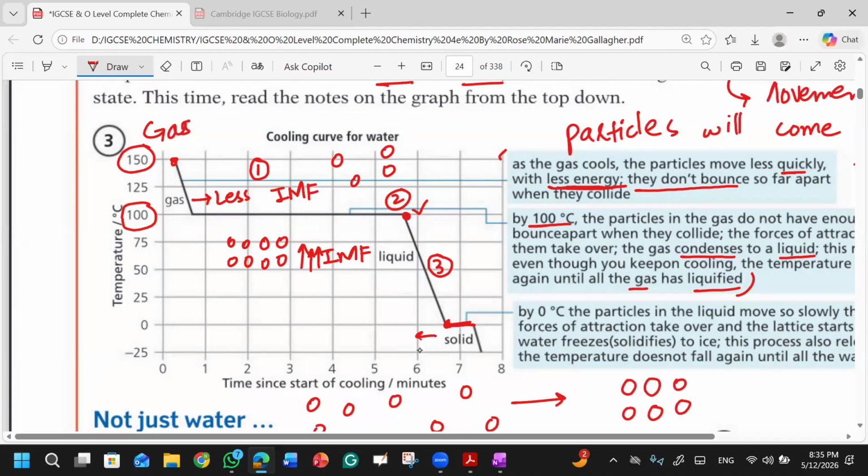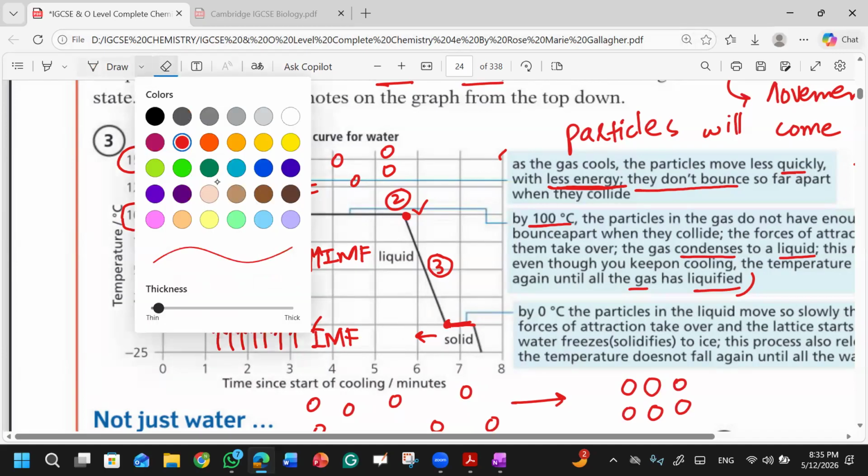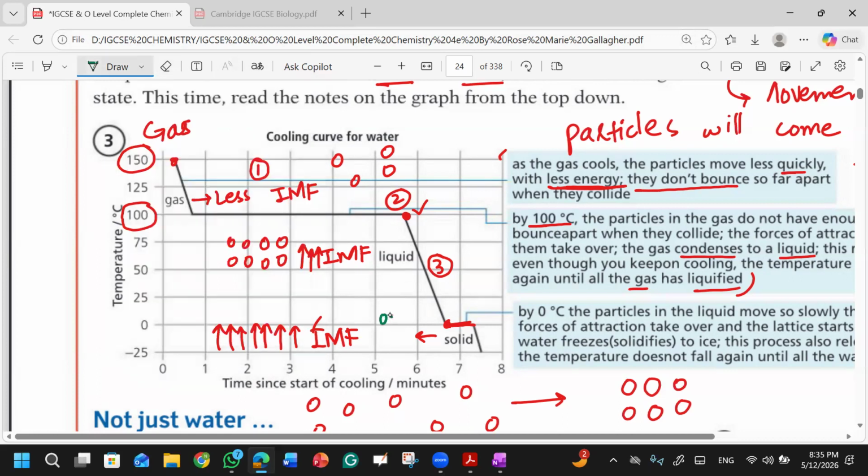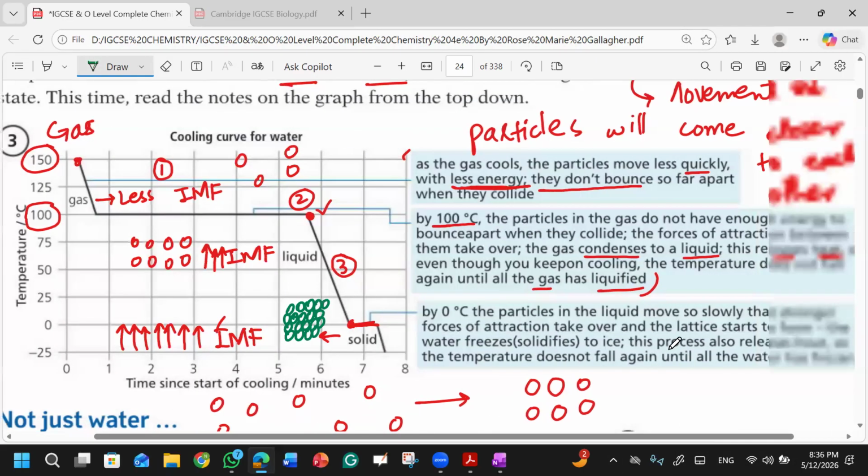The intermolecular forces will become stronger, their strength will increase, and then you will get the particles close to each other, just like this. The particles will be closer to each other, and you will get a solid. Clear? So this is what they have mentioned.